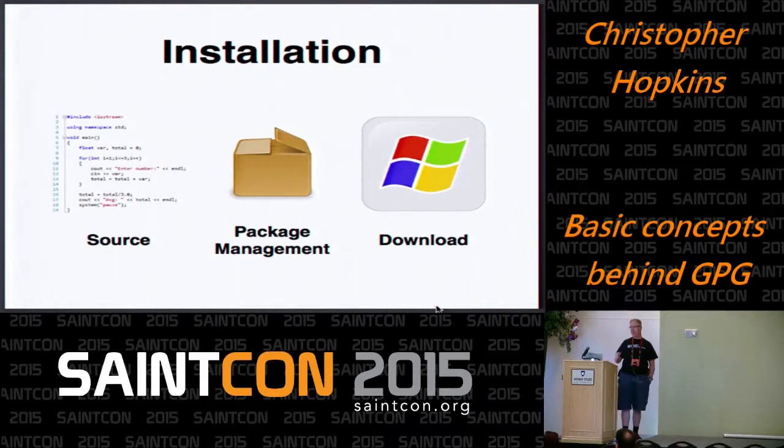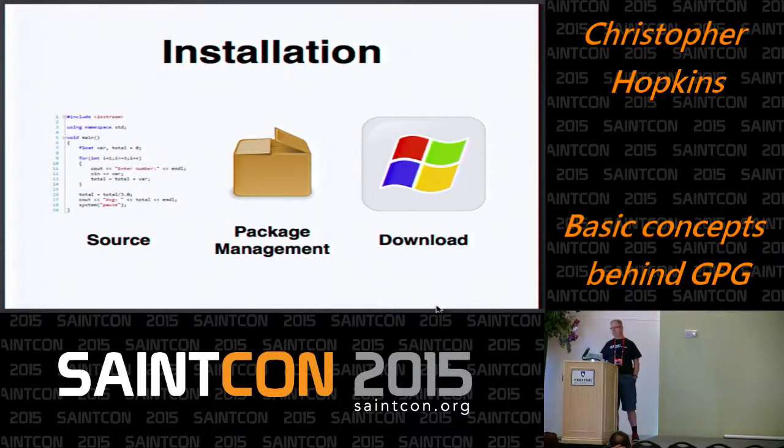So how do you get it on your system? I know some people could install it from source. I'm a little lazy, don't want to deal with that. Most of the time I use package management. So if I'm on Linux, Debian, it's pretty much installed by default. How many of you run Linux as your desktop OS? Okay, so chances are you won't have to install it because it's installed.